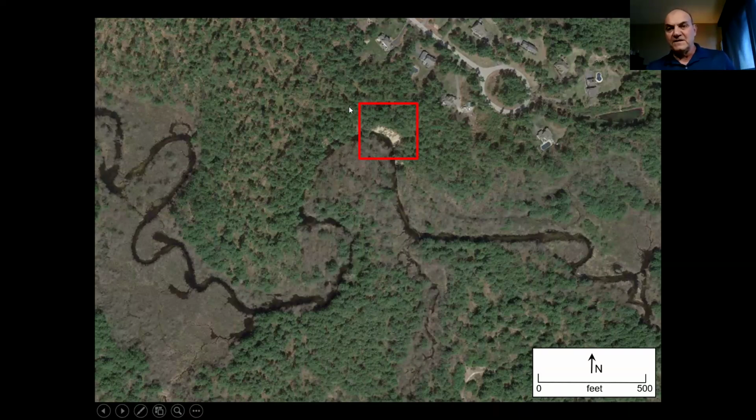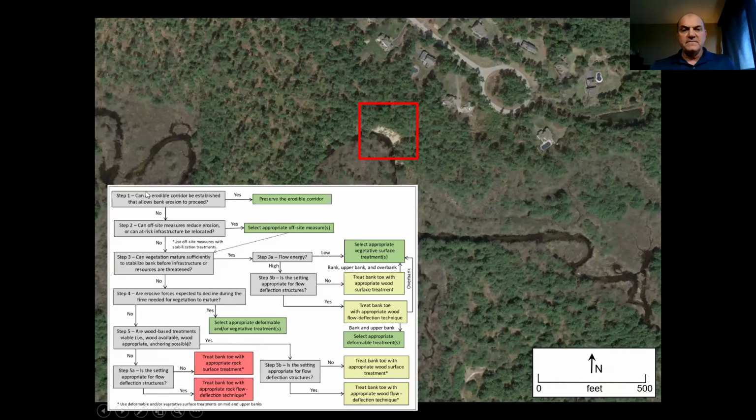This is where we might want to consider conservation easements. Is there any building pressure closer to the riverbank? We may want to take measures to prevent new developments from encroaching closer to the river, in which case there might be concerns with the erosion. But basically, there's no real need for stabilization.